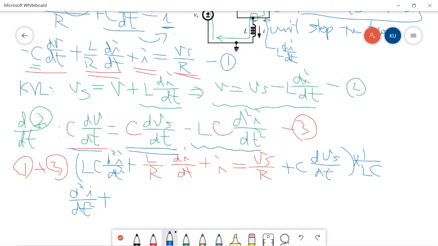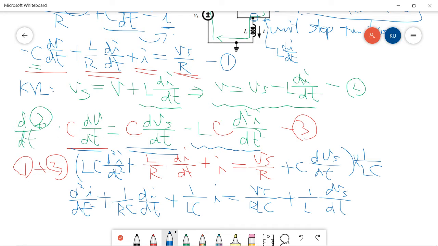And then this one, so we have L over LC, so it becomes 1 over RC di dt, and then plus 1 over LC I equals Vs over RLC plus 1 over L dVs dt.